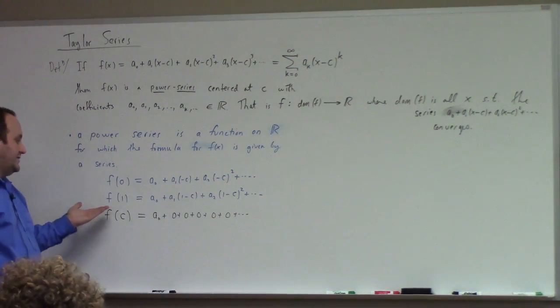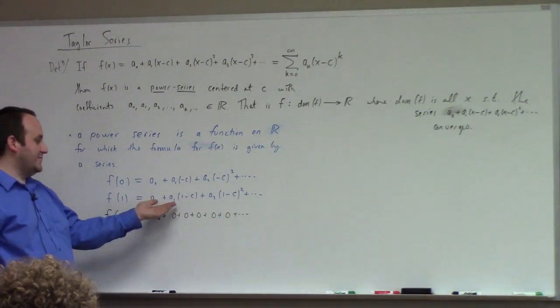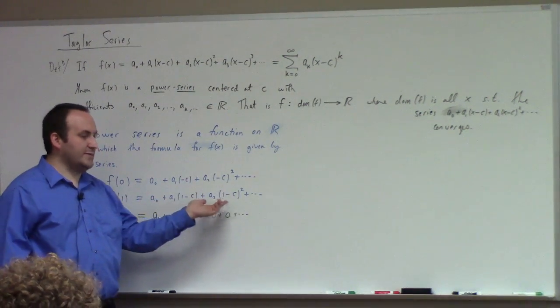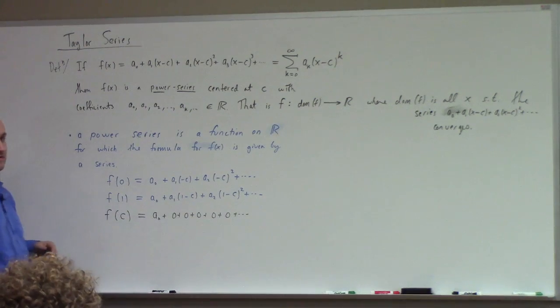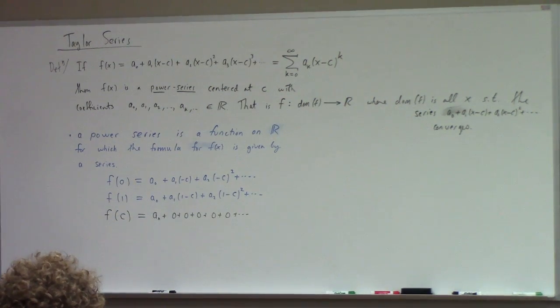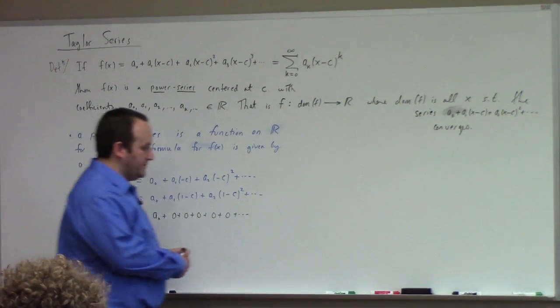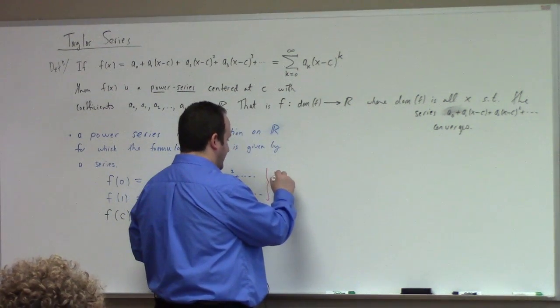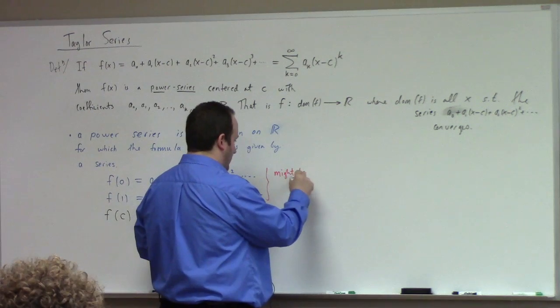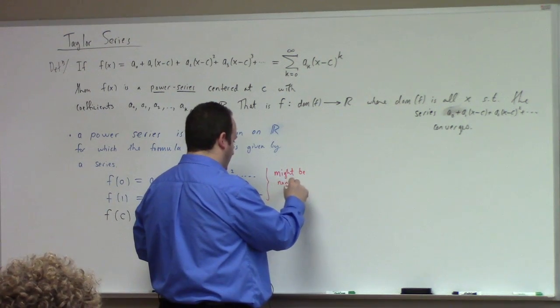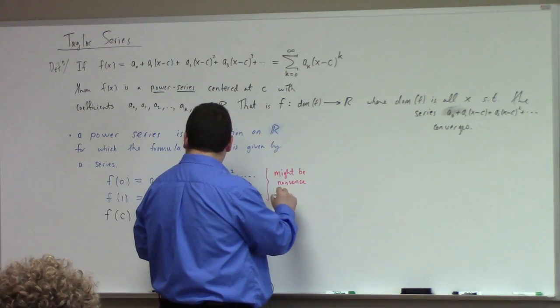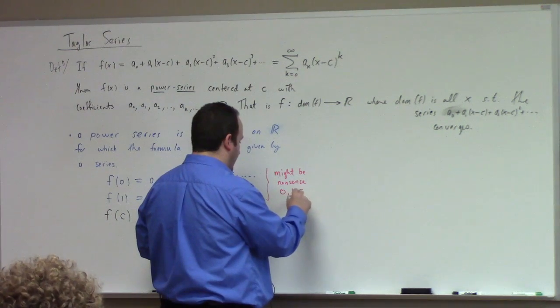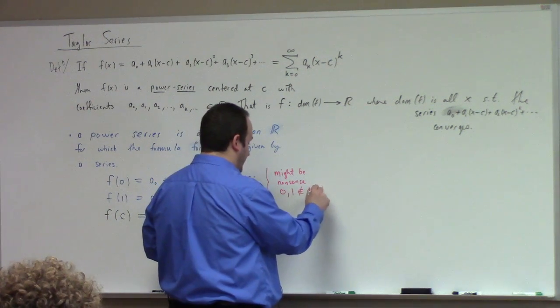The value of the power series at 1 would be a sub naught plus a sub 1 times 1 minus c plus a sub 2 times 1 minus c squared plus and so on. Now, I would just make a remark. It might be nonsense. In other words, it's possible that 0 and 1 are not elements of the domain of f.